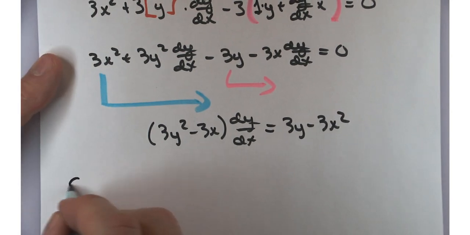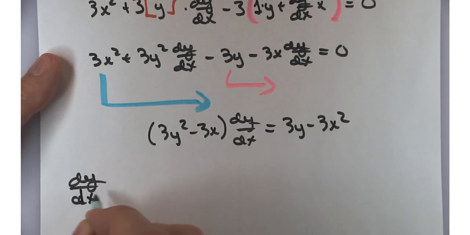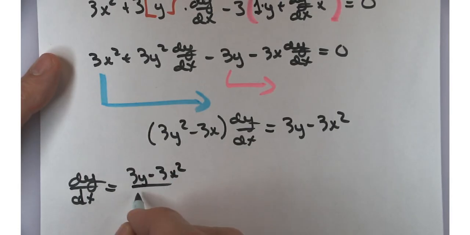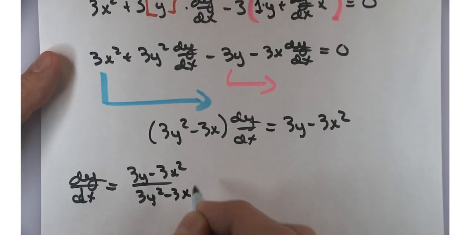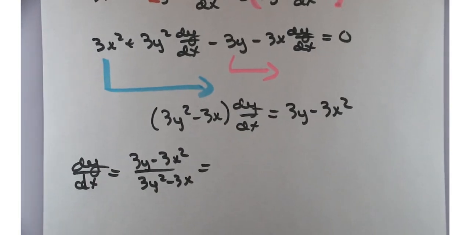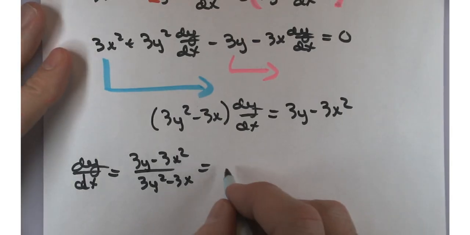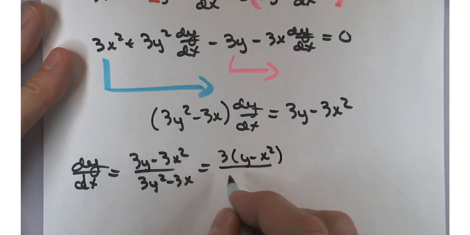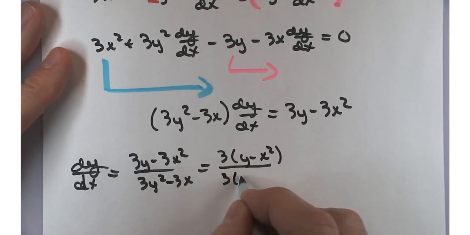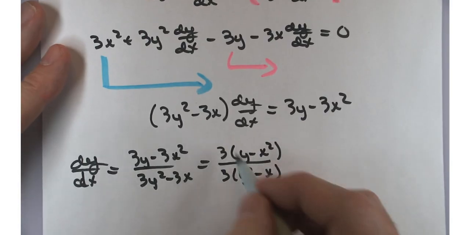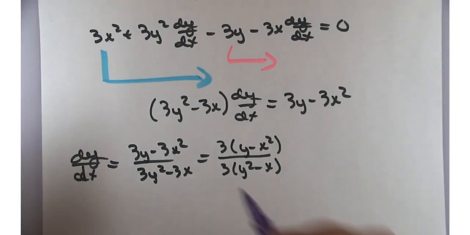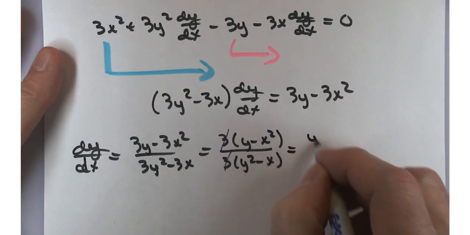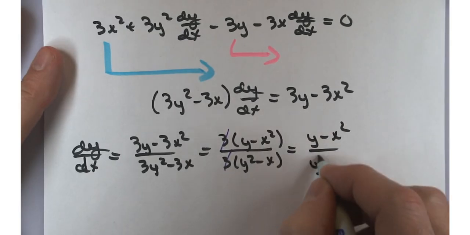So to finish up here, we can do dy by dx equals 3y minus 3x squared over 3y squared minus 3x. And if you're looking for some simplification, you could actually find some. I could factor out a 3 from the numerator, y minus x squared, and factor out a 3 in the denominator, y squared minus x. We can get rid of the 3's, and that's going to leave me with y minus x squared over y squared minus x.